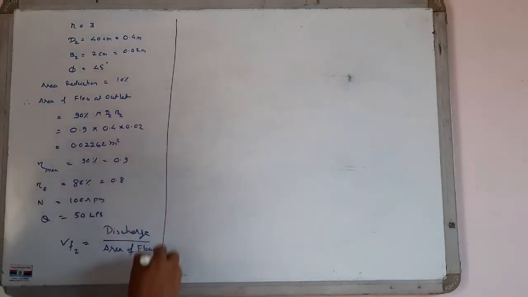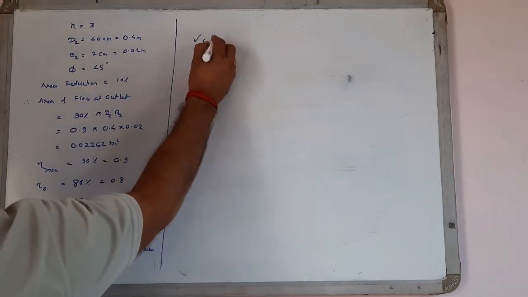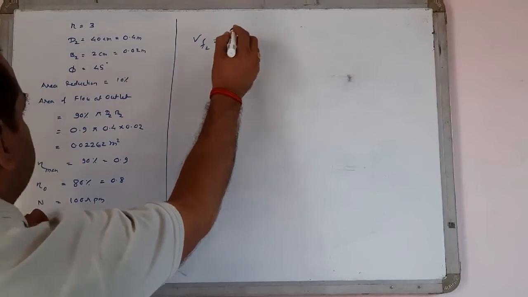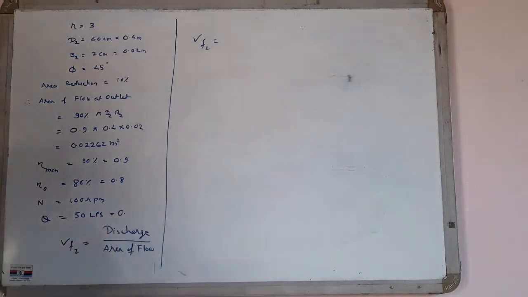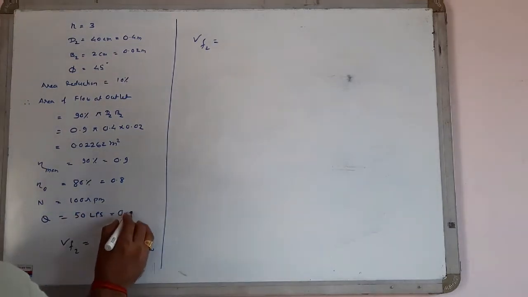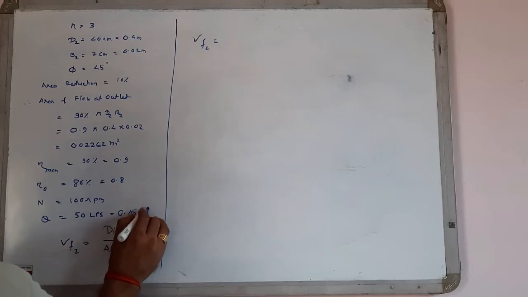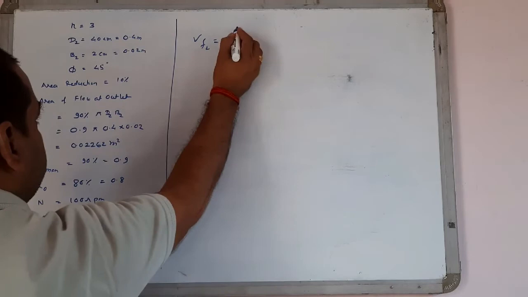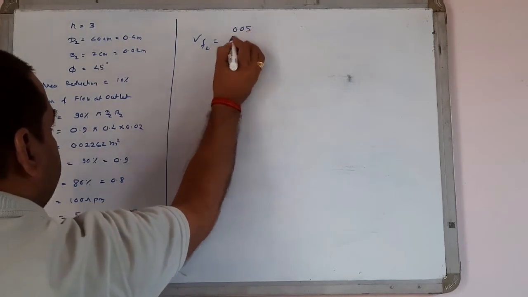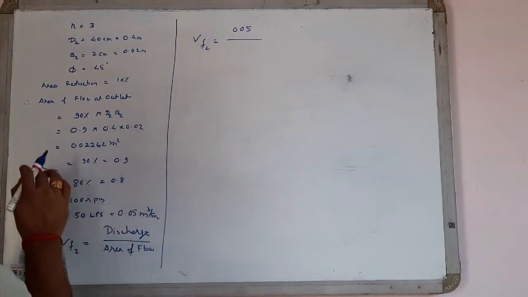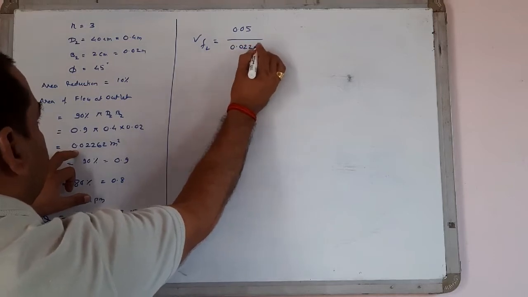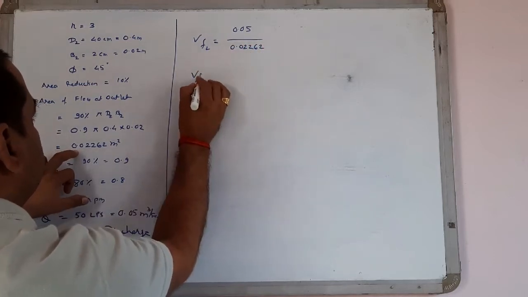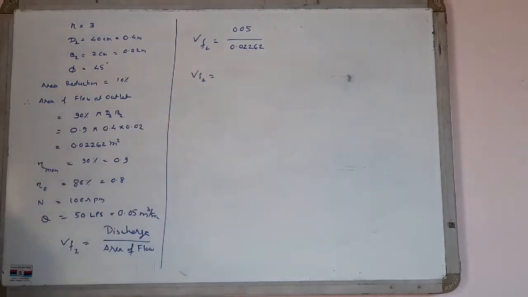So this VF2 equal to discharge, which is given 50 liters, that is 0.05 meter cube per second, by area of flow, the reduced area, 0.02262. So the value of VF2 comes 2.21 meter per second.